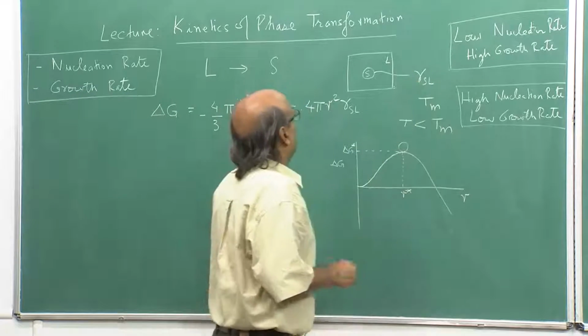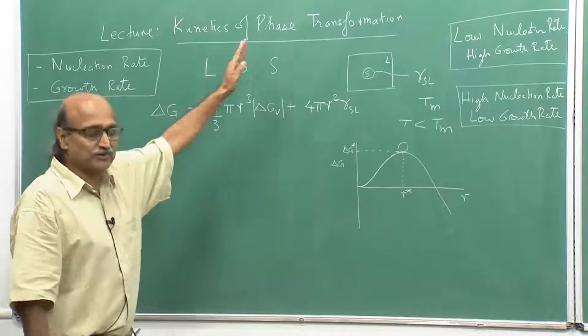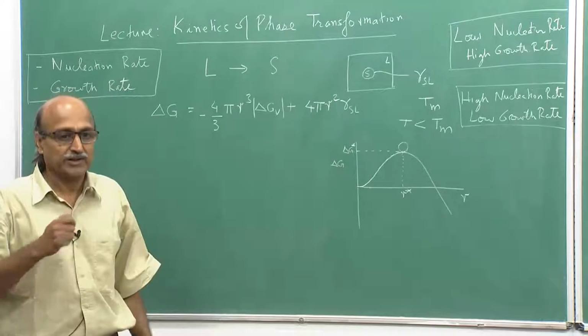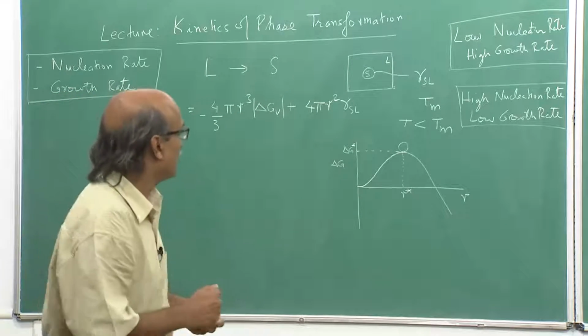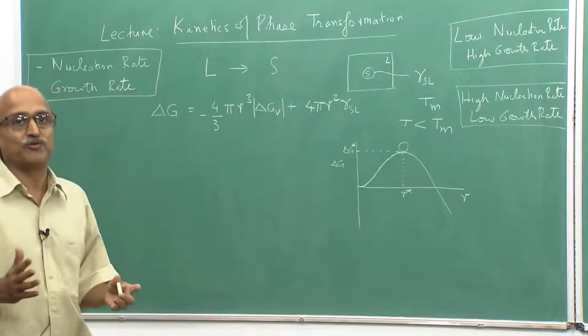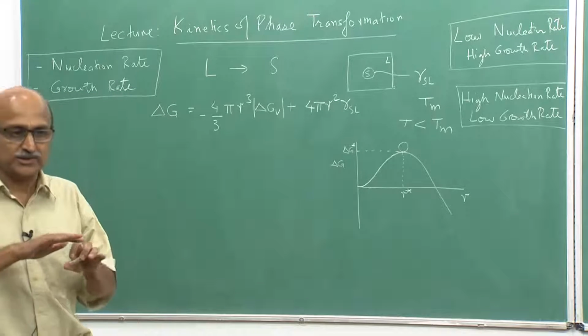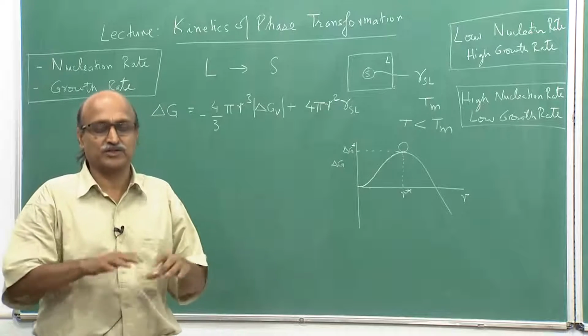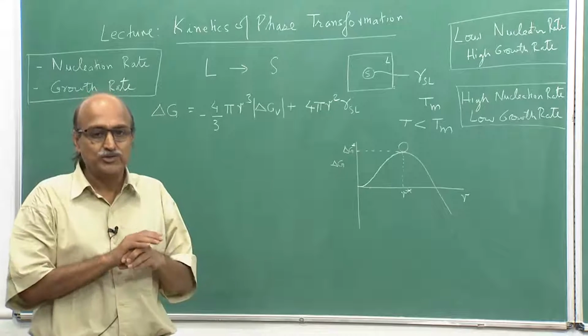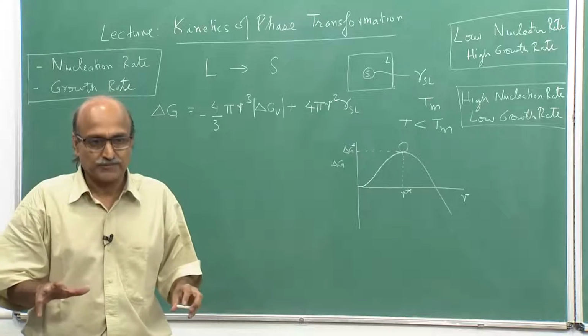These are going to govern not only the rate at which the transformation is taking place, but they are also going to govern the scale of the microstructure. What is the size of the grains or the size of the particles that are eventually produced?